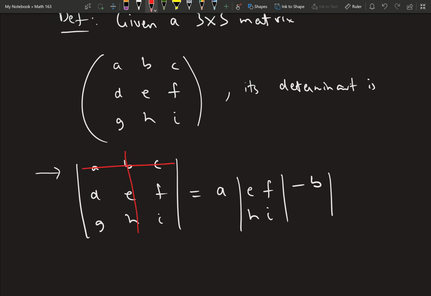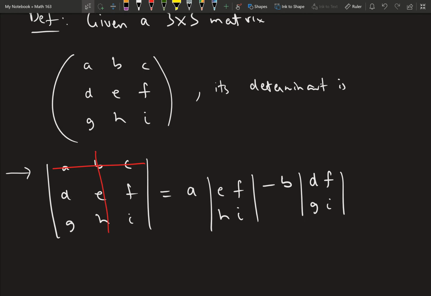The minor becomes D, F, G, and I. And so now we've expanded about the second term. We have to expand now about the third term.